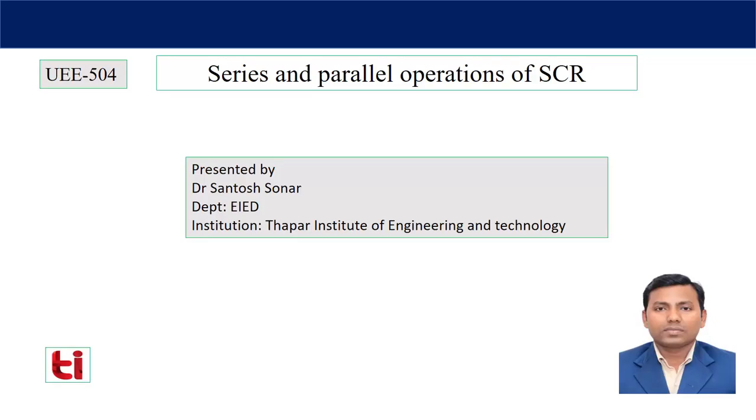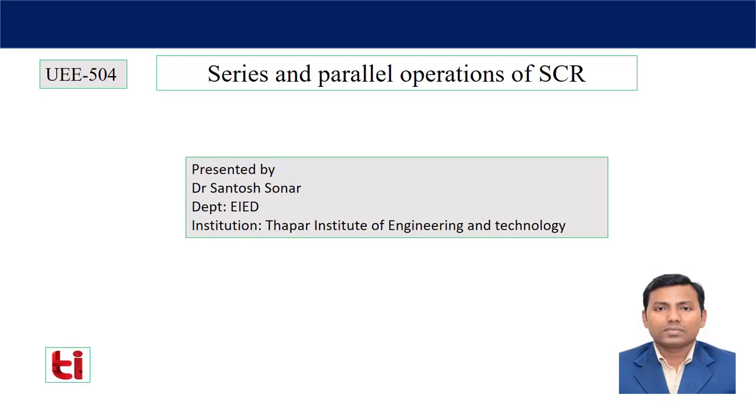In this lecture class, I will discuss series and parallel operations of SCRs. Whenever the rating of the thyristor is less than the supply voltage, thyristors are to be connected in series.